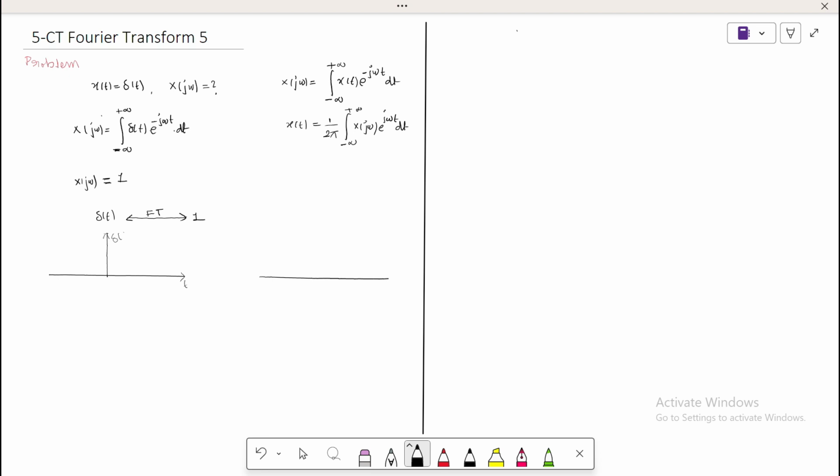So del of t, this is the signal del of t. So del of t impulse signal is defined for only at t equal 0 only.